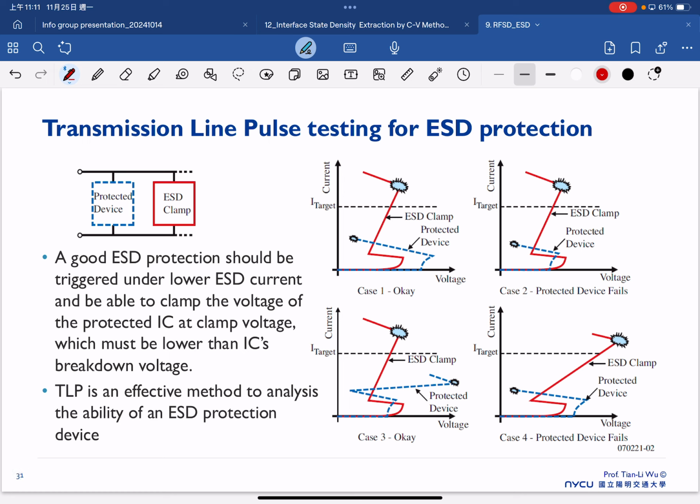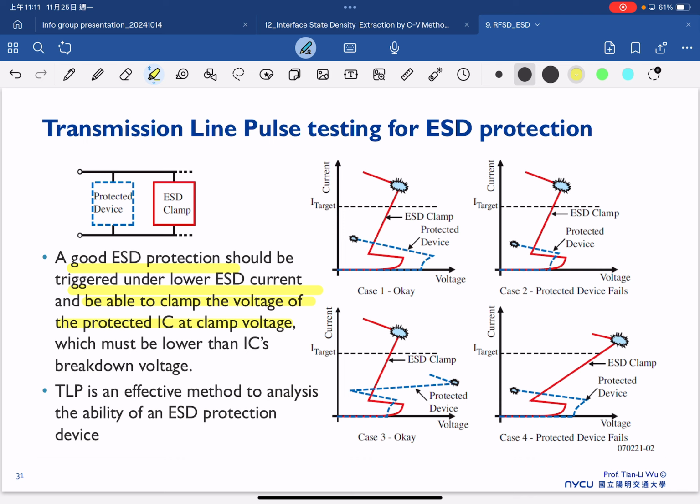So here is the slide for the concept that we have the ESD clamp to protect our device. A good ESD protection should trigger under low ESD current and be able to clamp the voltage of the protected IC at the clamping voltage here.